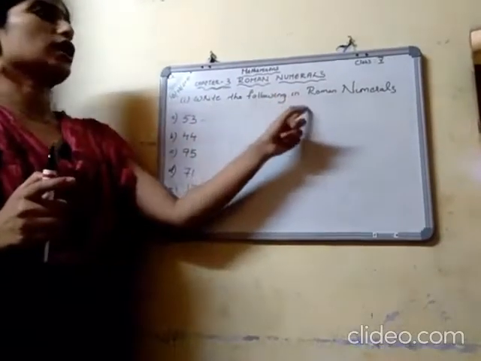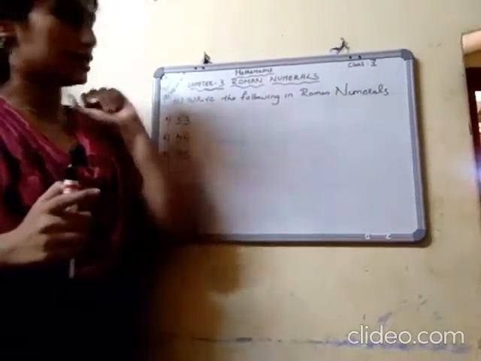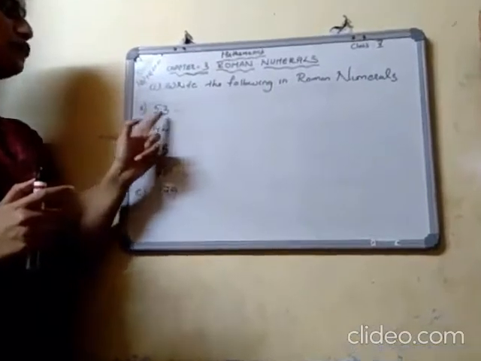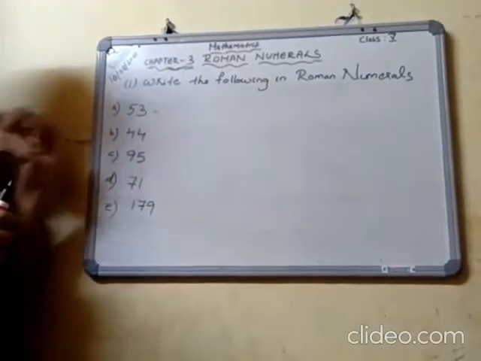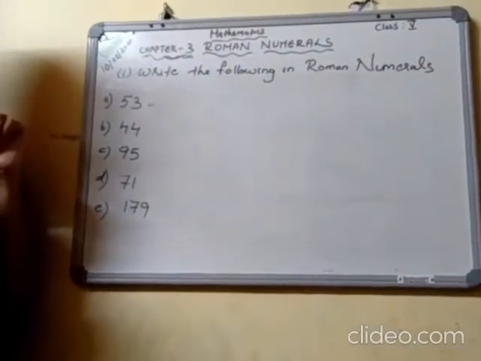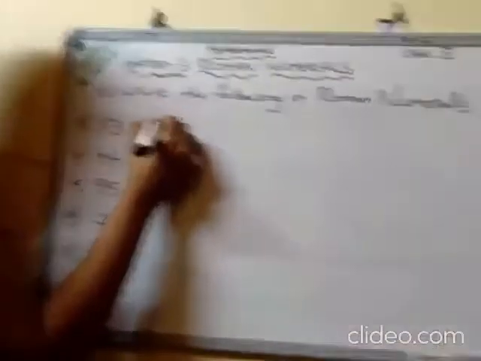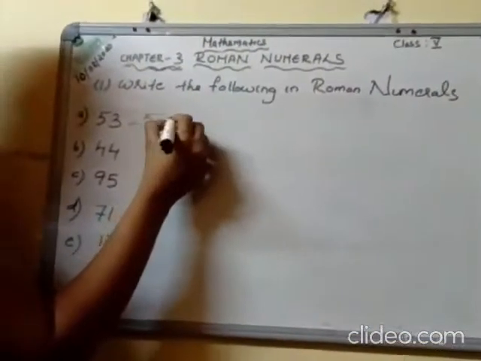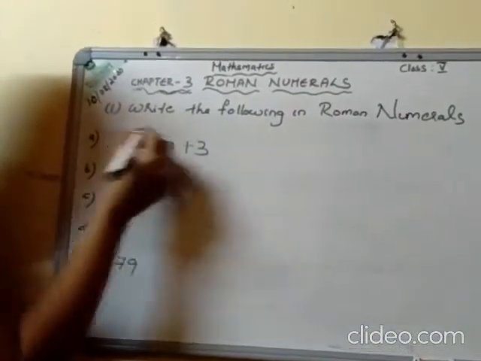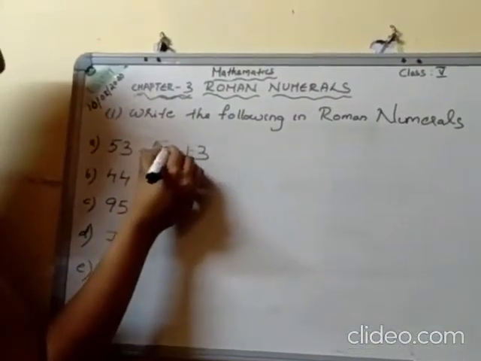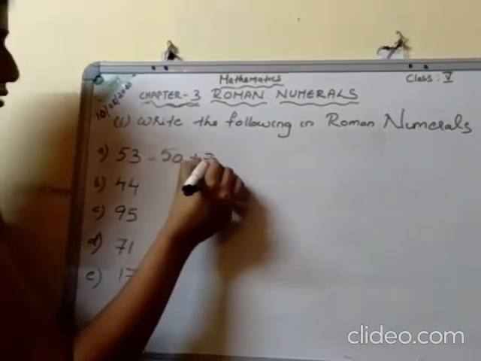Now let us do some problems. Write the following in Roman numerals. First one is 53. How will we write 53 in Roman numerals? You know 53 can be written as 50 plus 3, as a sum of 50 plus 3.